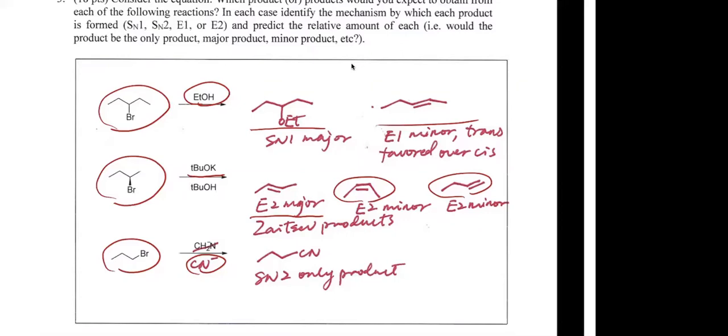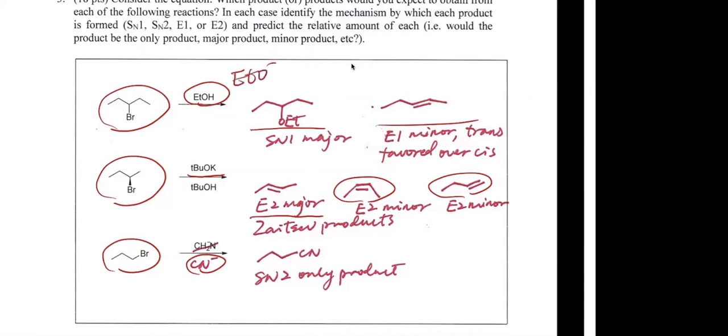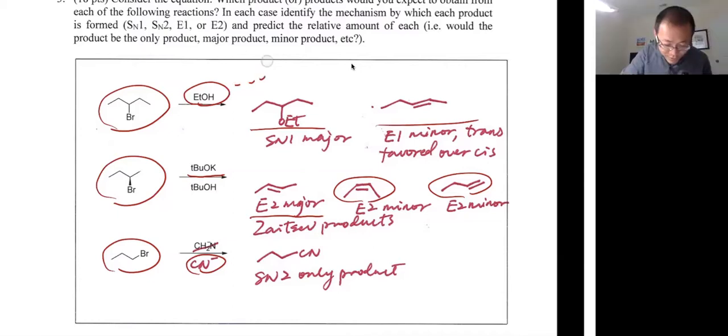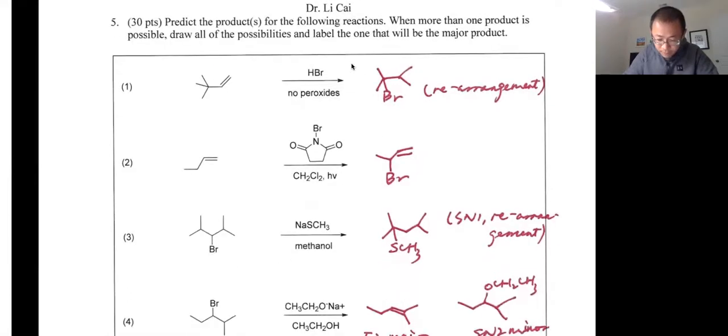Okay, I see what I missed. Yes, EtO minus is a strong base. I mixed it up, thanks. But EtOH is a weak base, remember. That's the solvent. And we have this, it is a nucleophile, it is a base, but both are weak.